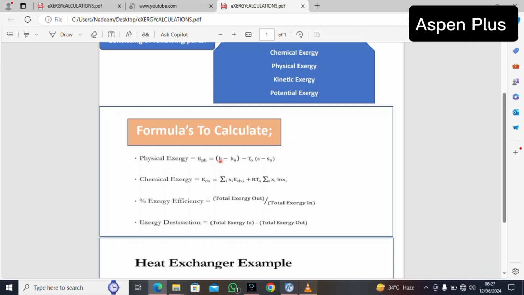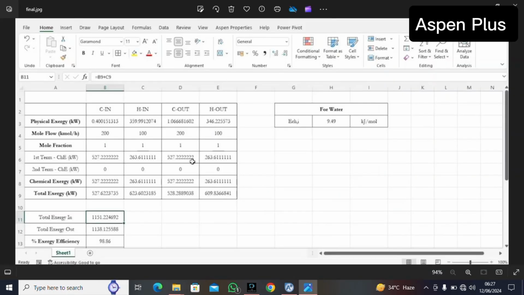Okay, this is my final result: physical exergy in kilowatts, mole flow rate. We know mole fraction is one. For water we calculated also total exergy, chemical exergy, total exergy in, total exergy out, and exergy efficiency.